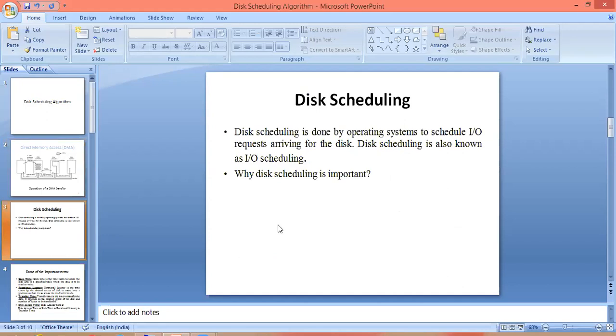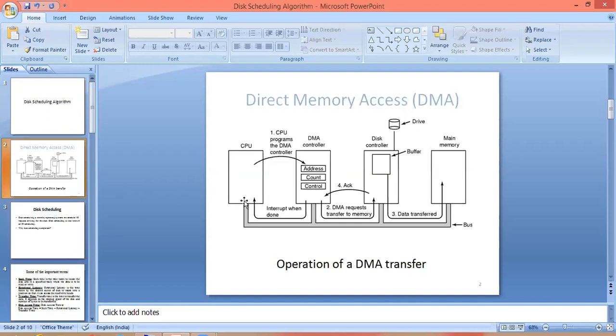Disk scheduling is done by the operating system itself to schedule I/O requests arriving for the disk. Disk scheduling is also known as I/O scheduling. So why is disk scheduling important in an operating system? As we know, multiple I/O requests arrive from different processes to access a number of I/O devices through the CPU.